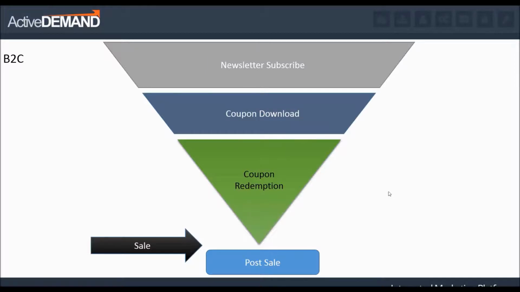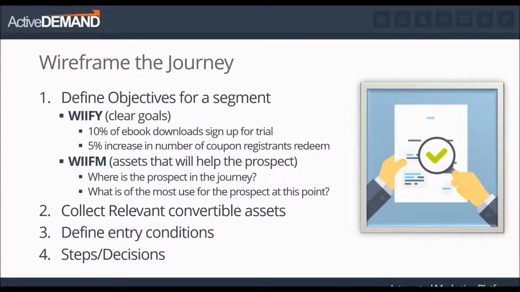So, wireframe the journey is the next step. We've got this blueprint of our funnel and some understanding of where people can enter into the conversation and what types of things will signal to you, the marketer, that somebody is at a specific state. The next thing you want to do is storyboard the storyline, or the arc, of what the conversation could be like and what paths could be followed.